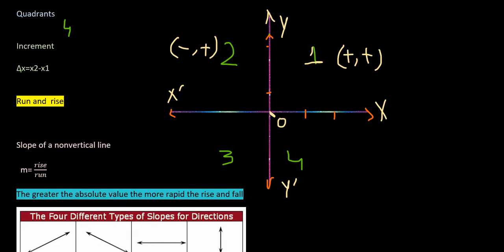In the third quadrant we will have both abscissa and ordinate negative. And in the fourth quadrant we will have positive abscissa, that is the x coordinate, and negative y coordinate, that is our ordinate.